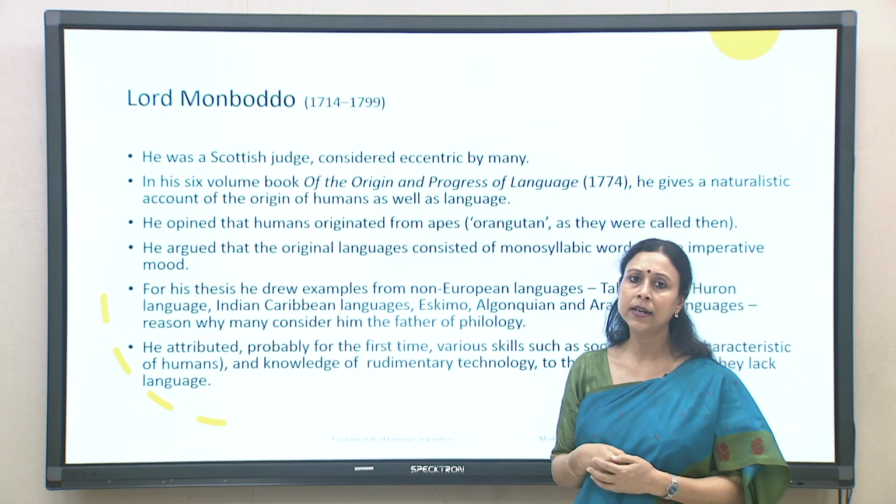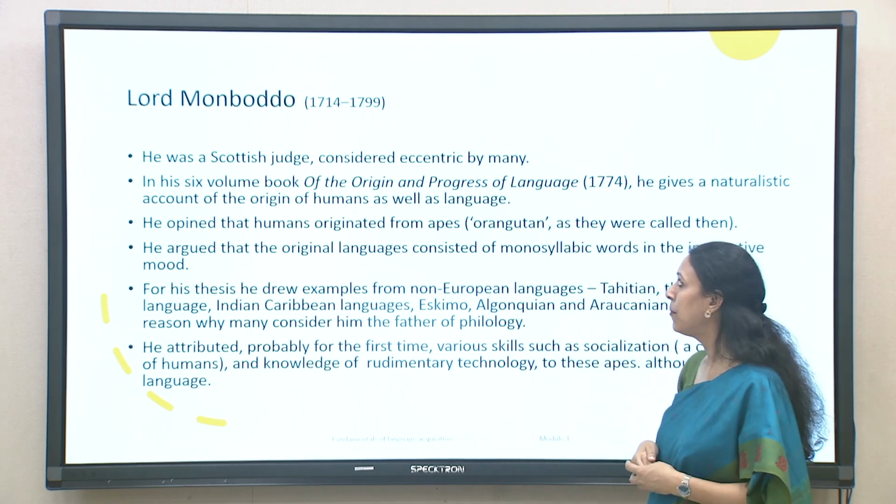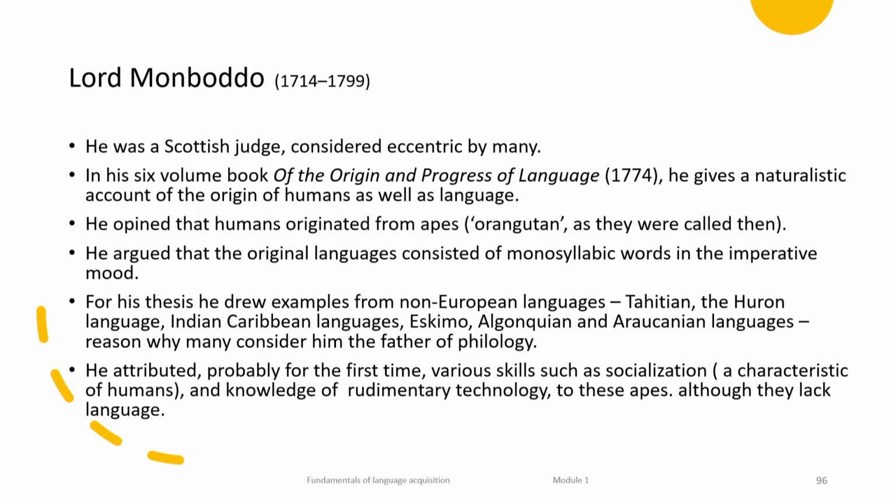Another important name is that of Lord Monboddo. He was a Scottish judge and was considered eccentric by many. He wrote a six-volume book called The Origin and Processes of Language in 1774. Here he also gives a naturalistic account of the origin of humans as well as language.